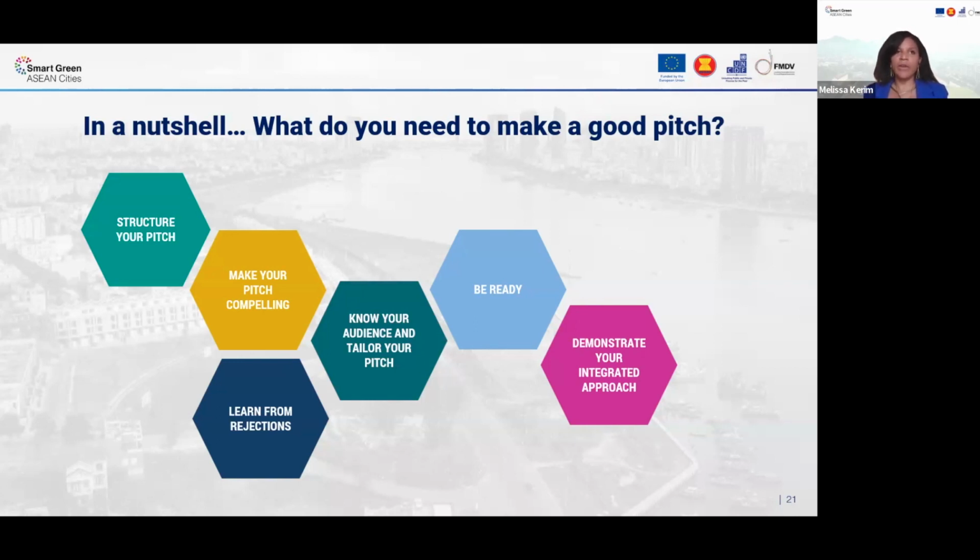In the private sector, they are doing this all the time, pitching to several partners, and eventually one day you find the right partner. But you need to make sure not to get discouraged along the way, because it's a long journey.